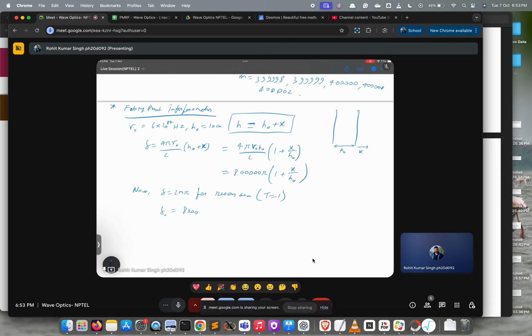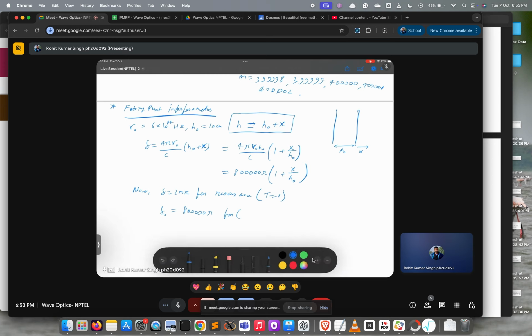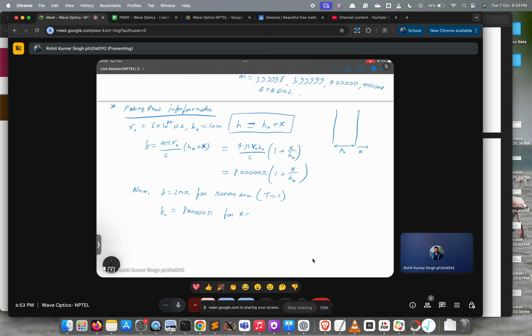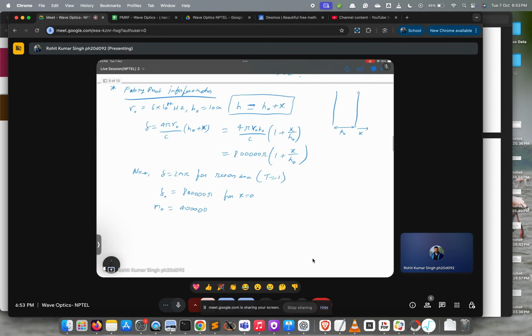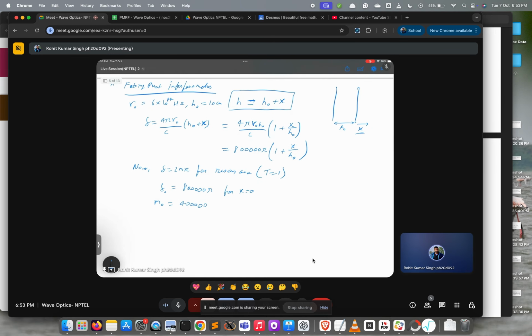It is just 8 lakh into pi, right, when x is equal to 0. And you can calculate the corresponding m naught, that we have calculated above. It is 4 lakh, right?